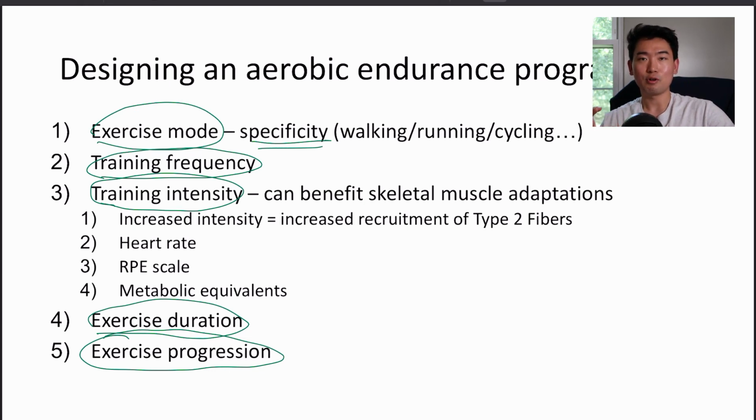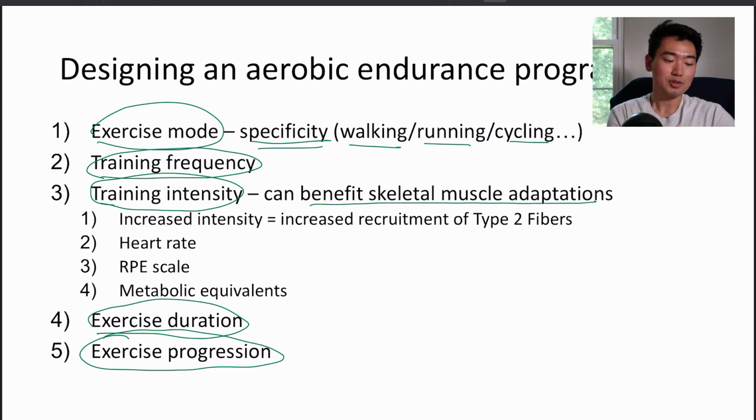You want to design a program that is tailored to the goal of your client or your patient. So being specific with whether you're prescribing walking, running, or cycling, right? And then there's training frequency, how often you're training, how long you're training for. Training intensity can benefit skeletal muscle adaptations.